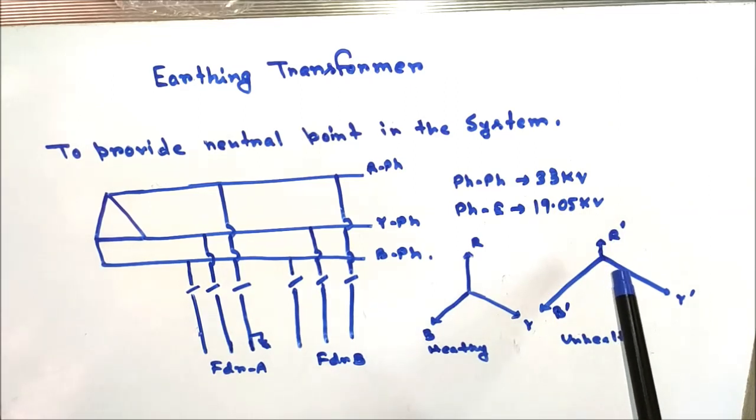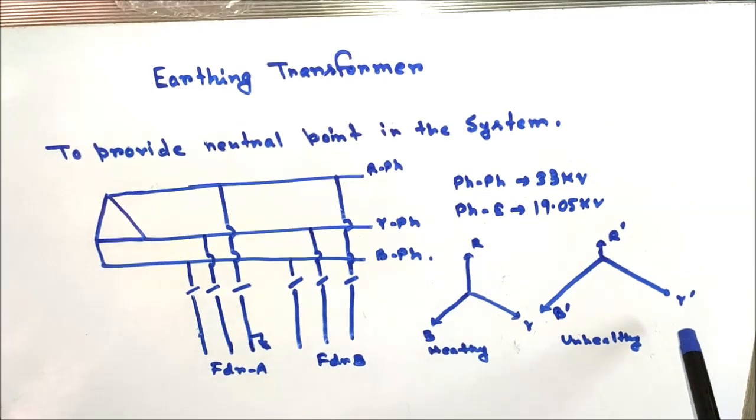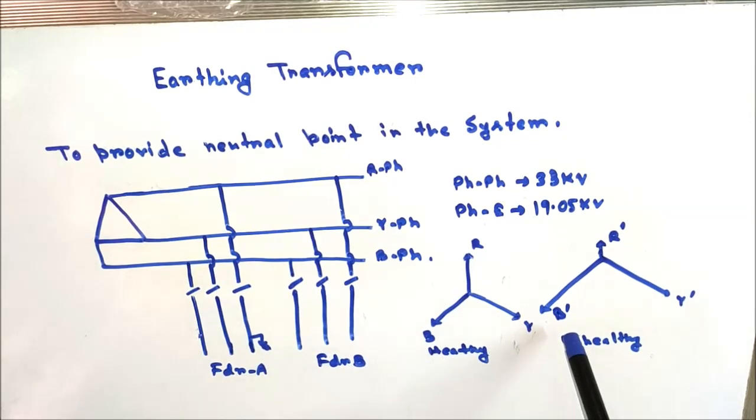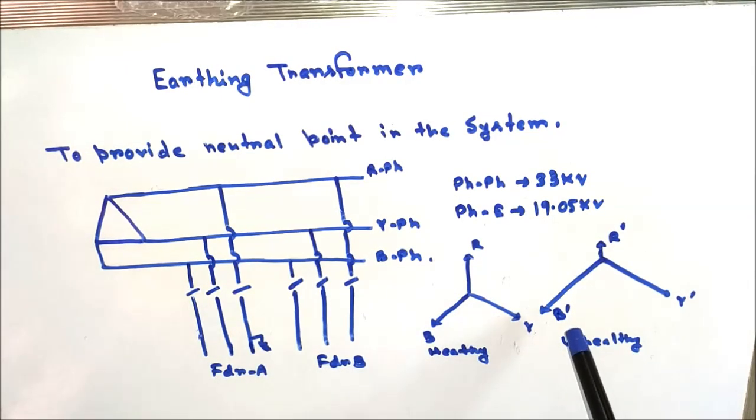With a solid earth fault, the yellow and blue phase voltage overshoots to 33 kV. So due to an earth fault in feeder A, there will be a voltage overshoot in other feeders also, and this overshoot in the healthy phases will remain until the fault is cleared.